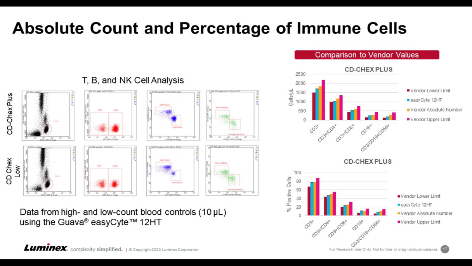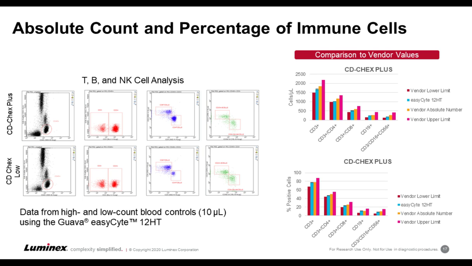So with the Guava EasyCyte systems, the capability to do multiparametric immune cell analysis is enhanced, and one can really do some nice T, B, and NK cell analysis with low sample volumes. Here we show an example of staining CD-Chex Plus and CD-Chex low blood controls with a combination of CD45, CD3, CD4, CD8, CD19, and CD56 antibodies.